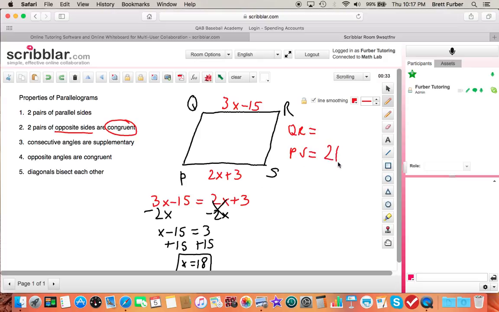Well, if x is 18, then I'm doing 2 times 18 plus 3. That's the same thing as 36 plus 3, which is 39. That will also be the value of QR because they are opposite and opposite sides are congruent. So we're just using one of these properties based upon the drawing that's given and solving an algebra problem.